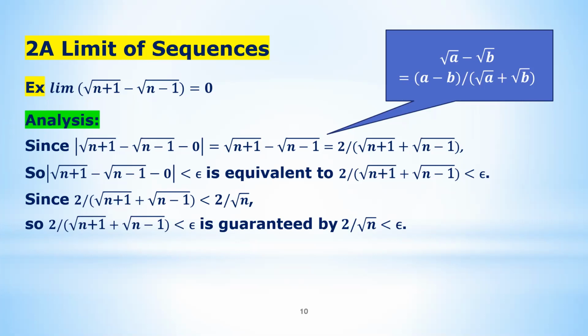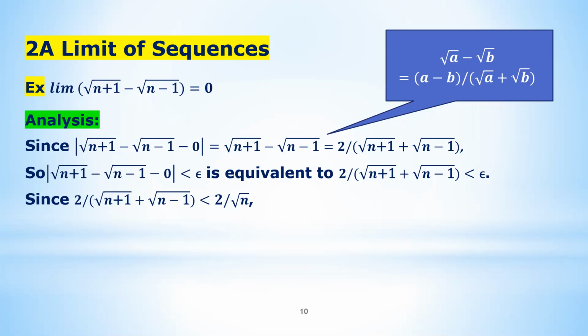Now the question is why this is true. This is true because, you remember, the summation square root of n plus 1 plus square root of n minus 1 is greater than square root of n. So if you take the reciprocal of these, you will get this inequality immediately.